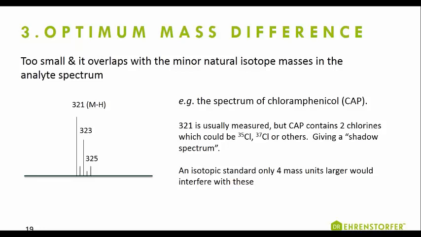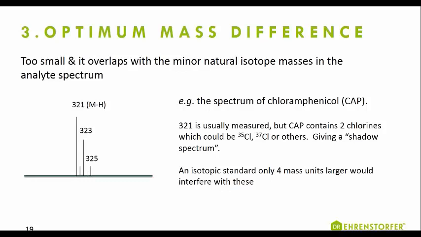The third factor is a little more subtle. If your internal standard mass is too close to the conventional standard, then it might overlap with some of the minor isotopic masses in the conventional standard. The molecules containing chlorine give the clearest example, such as chloramphenicol, an antibiotic. Chlorine is mainly a mix of two isotopes, 35 and 37, and the minor one, chlorine 37, is relatively abundant, about 30% of the total.